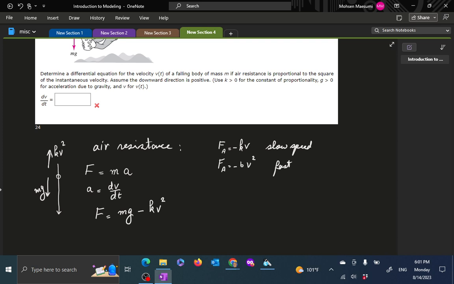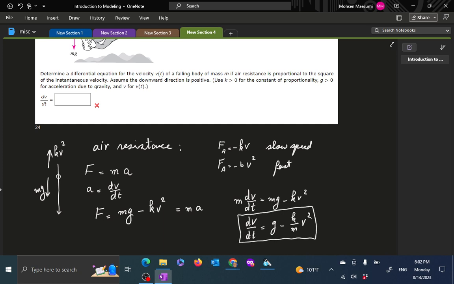Well, F is supposed to be ma. What is a? a is dv/dt, so m dv/dt is equal to mg minus kv squared. I divide by m, so I make the problem straightforward about v. m divides out, and k over m is going to be here, minus v squared. So this is my differential equation.